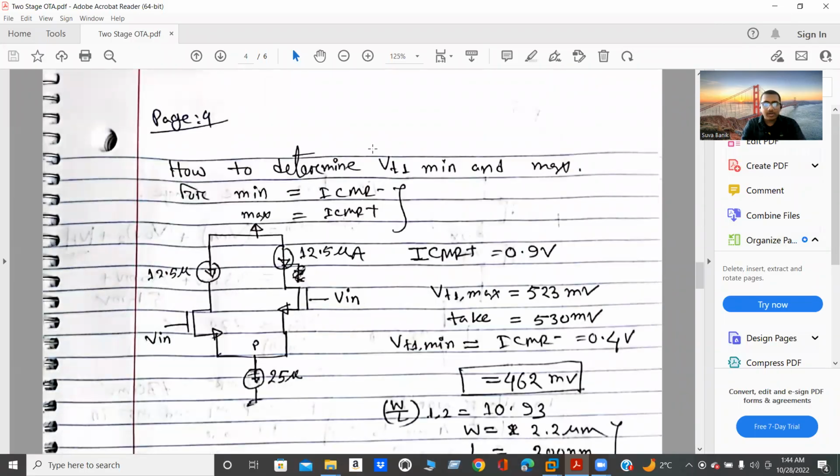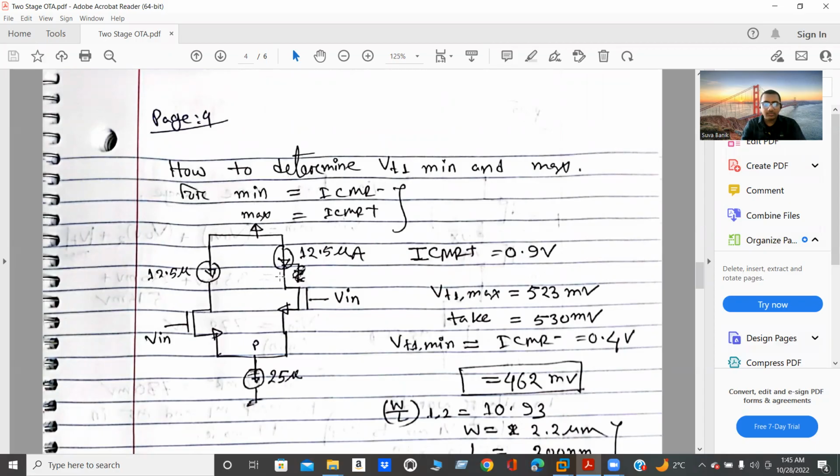Now we have to determine the VT1 min and max. And I'm telling you, VT1 min is related to ICMR minus. On the other hand, ICMR plus is related to VT max.